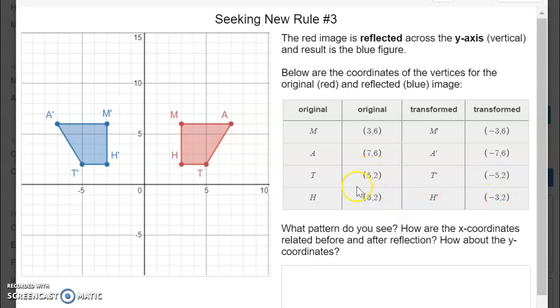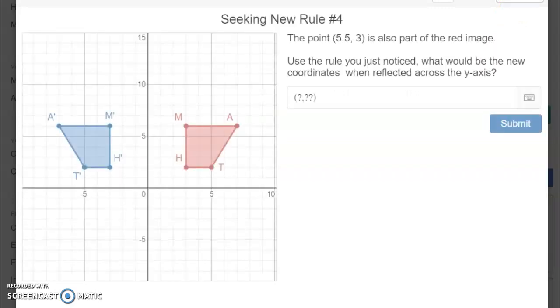So what do you notice? The x coordinate just changed its sign. The number is the same, but it became its opposite. If it was positive, it became negative. But the y coordinate stayed the same. Okay, what if (5.5, 3) is also part of the red image? Use the rule you just noticed. What would be the new coordinate?